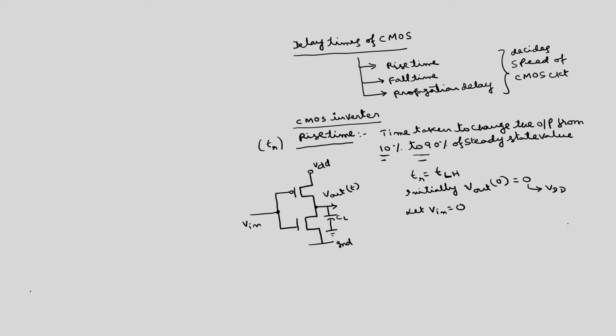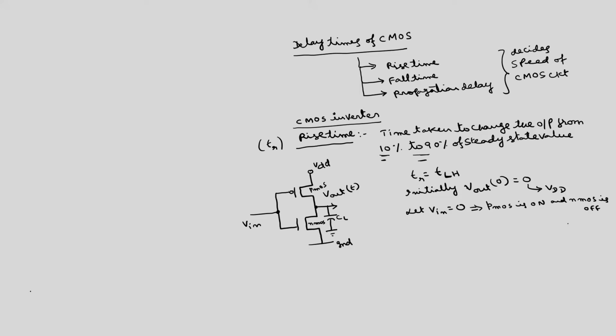Then, this is PMOS and this is NMOS, so PMOS is on and NMOS is off. In the previous analysis we assumed that on means short circuit and off means open circuit, which is the ideal case.